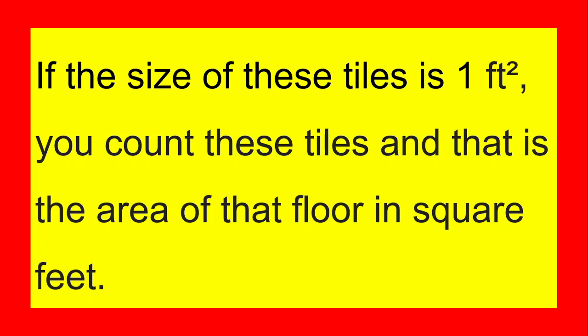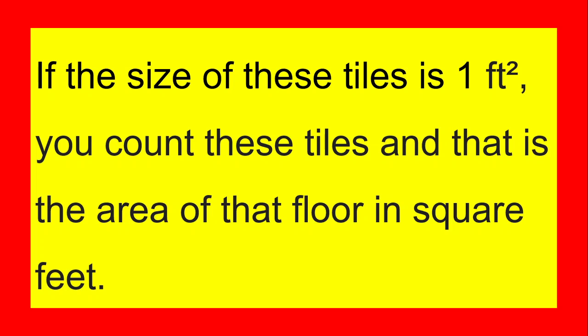So if you look at this floor, you can see the tiles of the same size laid on this floor. Just to give you an idea, that area is this floor area, the surface area between these walls, between the boundaries. So if the size of these tiles is 1 square feet, which nearly it is, you count these tiles and that is the area of that floor in square feet.